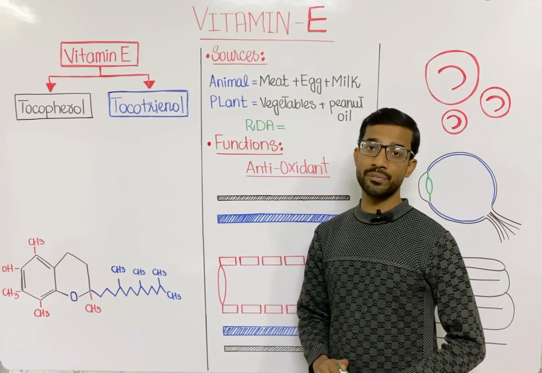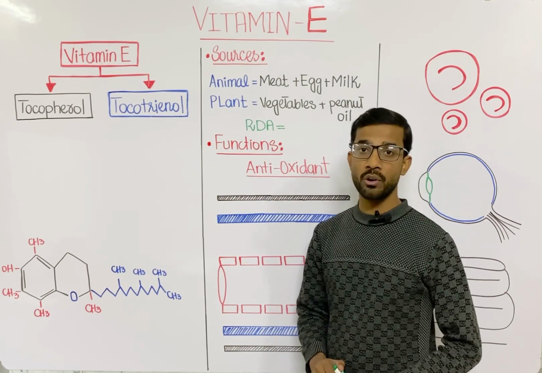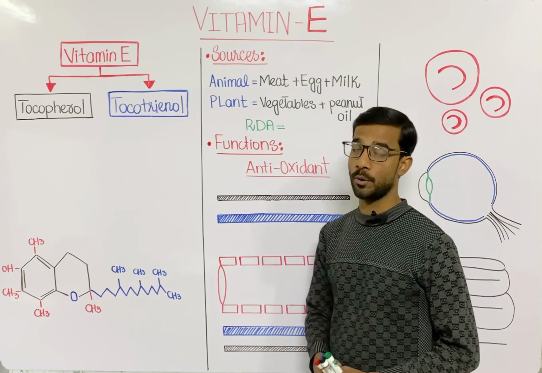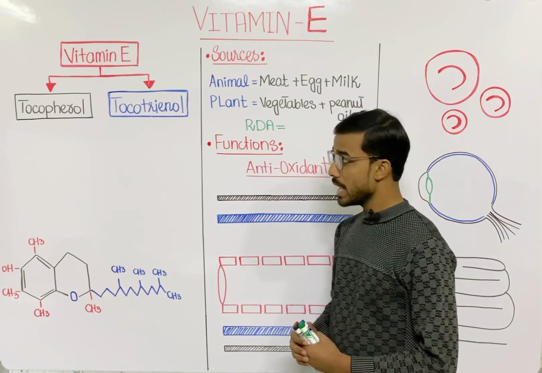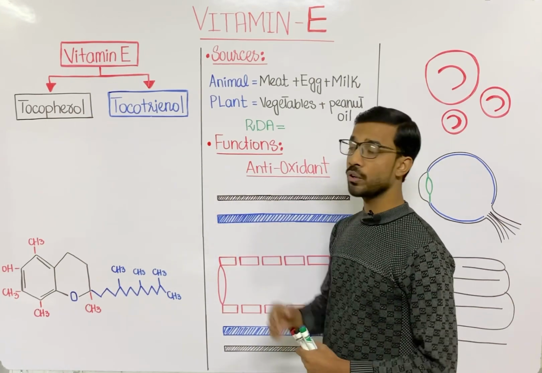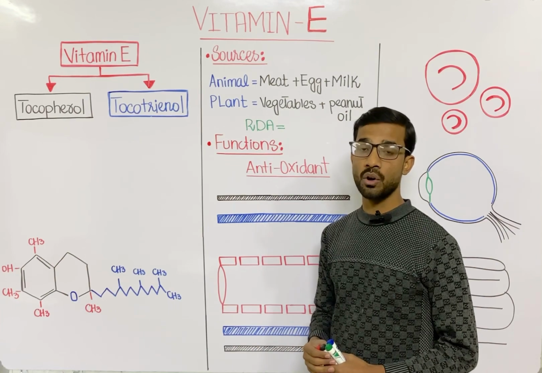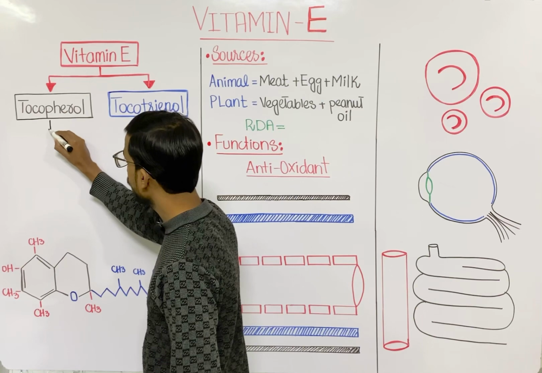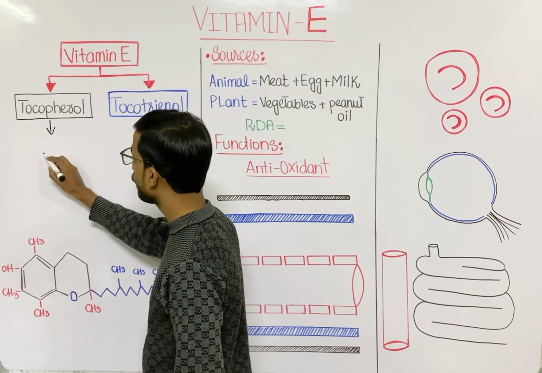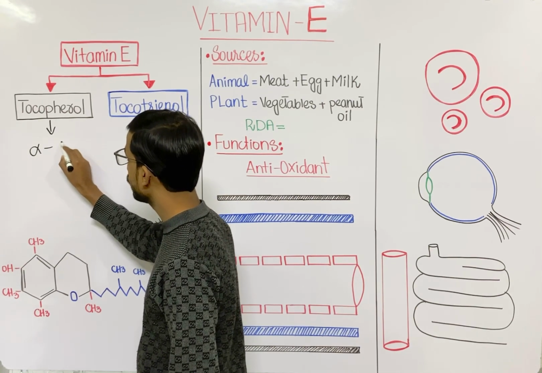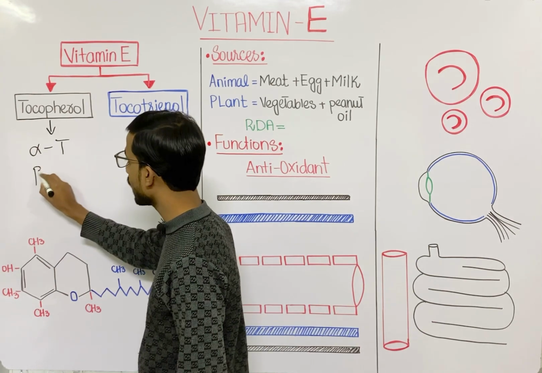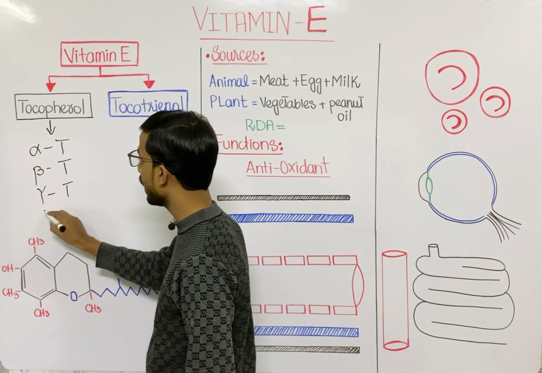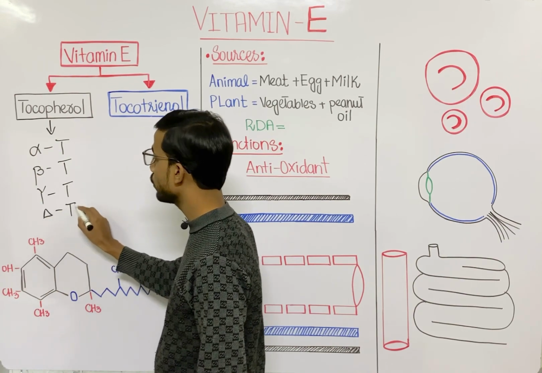There are two major forms, tocopherol and tocotrienol. These are basically the two most important forms of vitamin E. Tocopherol further consists of four types: alpha tocopherol, beta tocopherol, gamma tocopherol, and delta tocopherol.